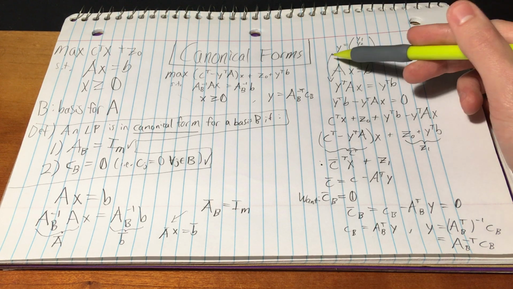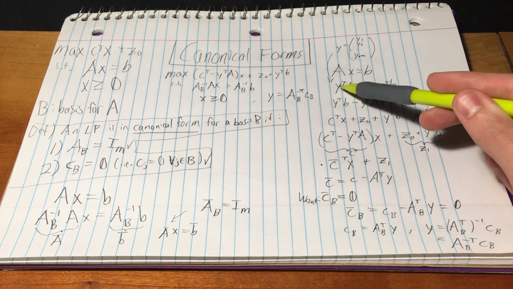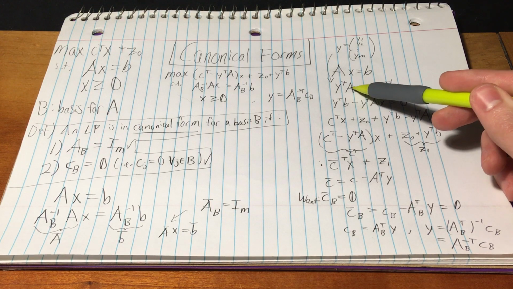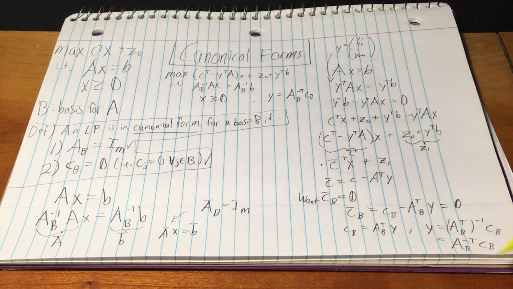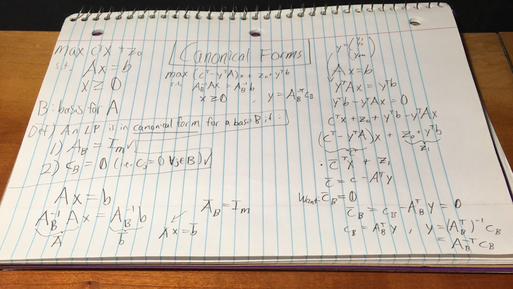At the top, I had said we wanted y to be m components, so that we're taking a linear combination of the m rows of this matrix A, and it's not really obvious, at least at a glance, whether this is m dimensional or not, but it is. Every matrix multiplication is a well-defined thing, and this all works. Remember that a basis B consists of the same number of components as the number of rows of the matrix, because we've assumed that our matrix A is full row rank.